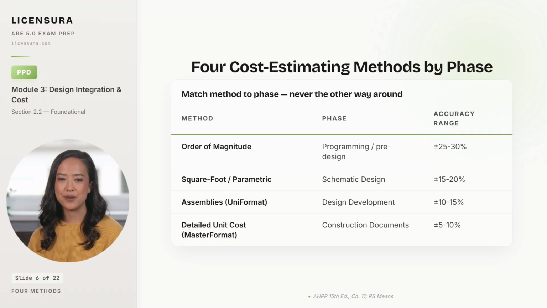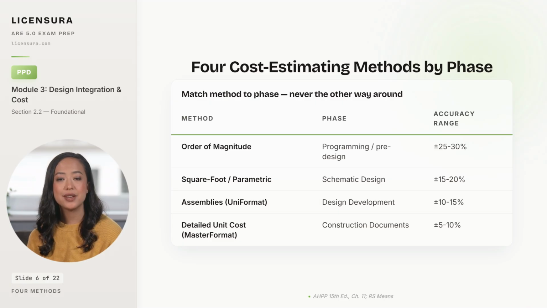Square foot or parametric estimating uses published cost data from RS Means or Marshall and Swift, adjusted for building type, quality, and location. It fits schematic design, with accuracy plus or minus 15 to 20%. Assemblies estimating uses the UniFormat structure: substructure, shell, interiors, services, equipment, site work.